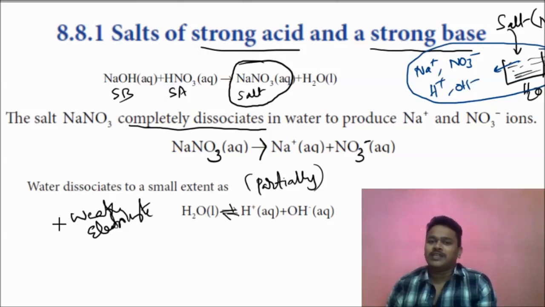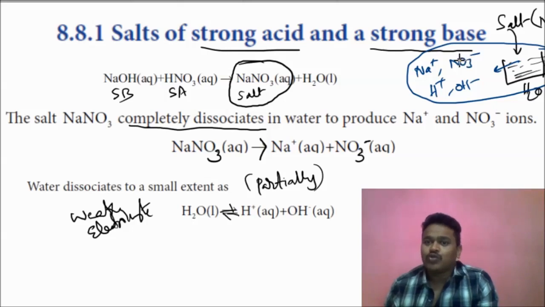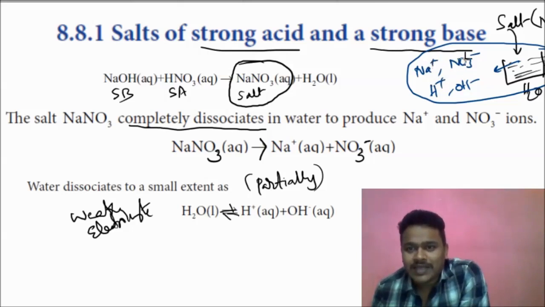Now there is a tendency. We know that a positive ion has a tendency to go towards a negative ion, and a negative ion has a tendency to move towards a positive ion. So what are you going to expect now? Na plus can combine with NO3 minus. So what is the expected product?